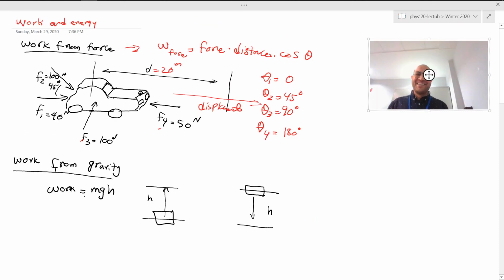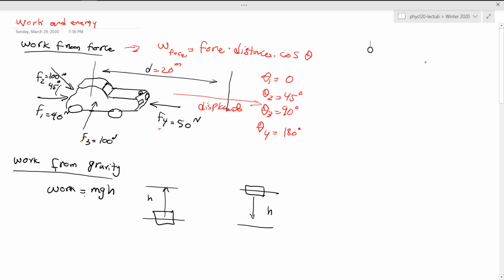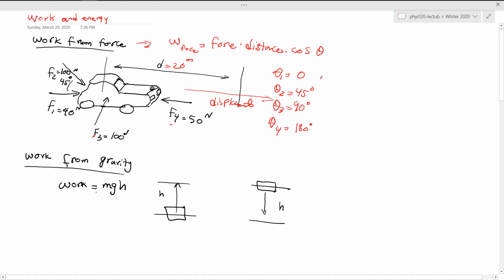Now, to calculate the work, I already know the force for each of them. F1 is equal to 40, F2 is equal to 100, F3 is equal to 100 again, and F4 is equal to 50.